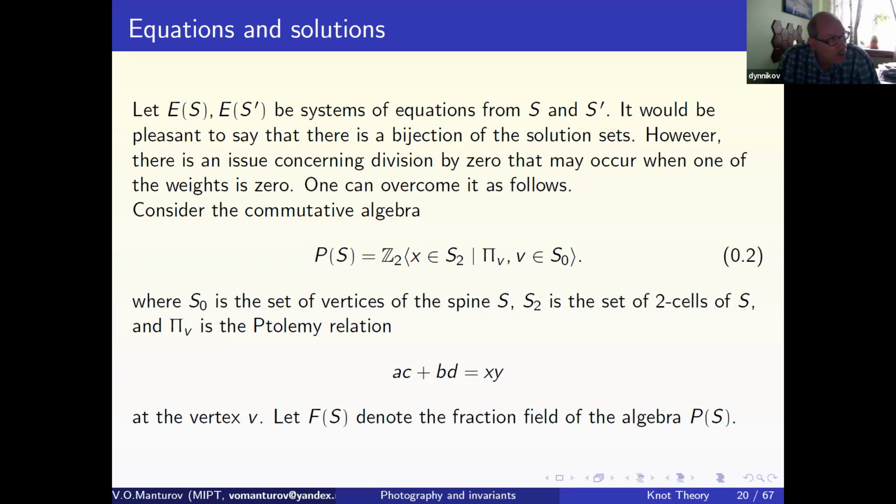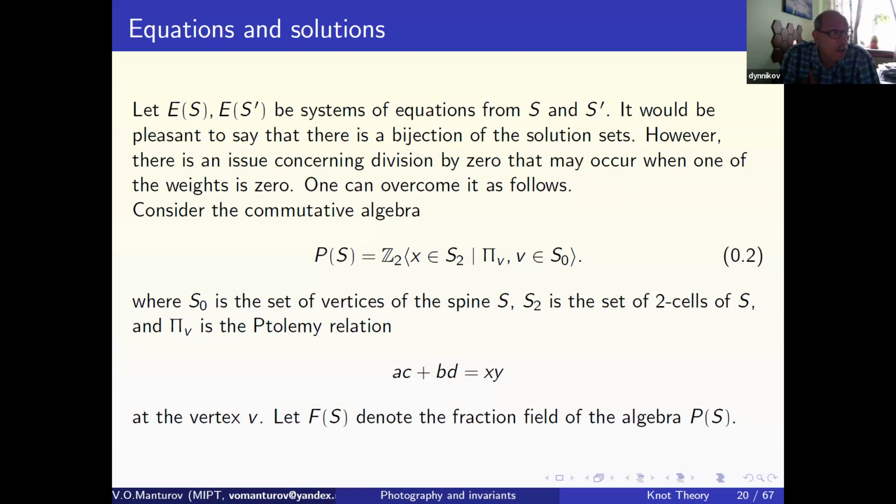The second bad news is that when you choose the spine carefully, the quotient field that you obtain can be described in quite standard, well-known terms, in terms of the variety of SL2 representations of the fundamental group. So the problem is that even when it is invariant, it is a well-known invariant.